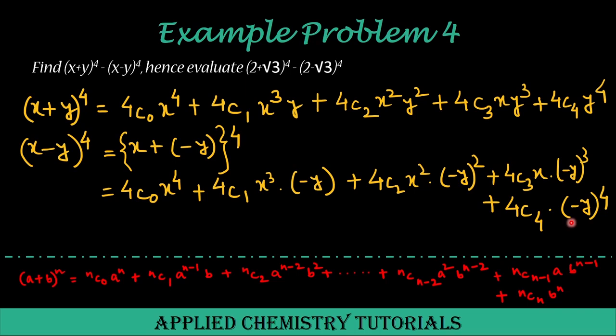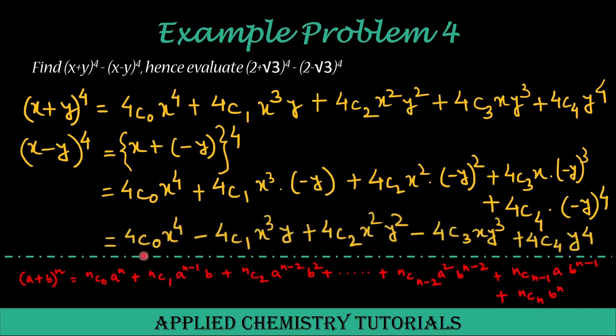And we can simplify it as 4C0 x^4 - 4C1 x^3 y + 4C2 x^2 y^2 - 4C3 x y^3 + 4C4 y^4.